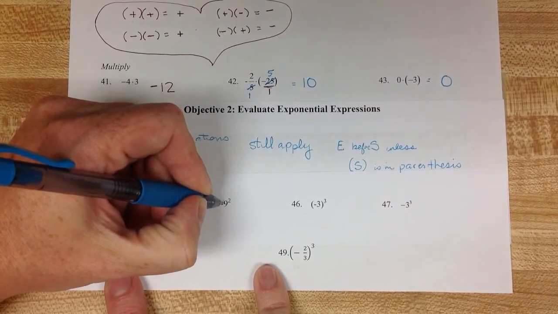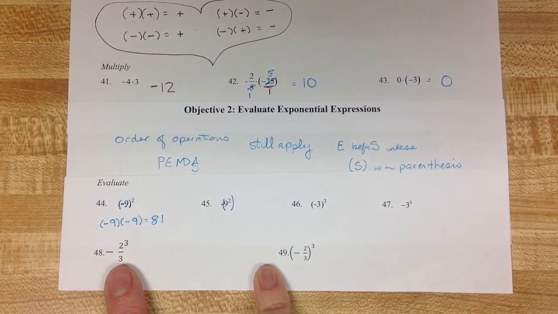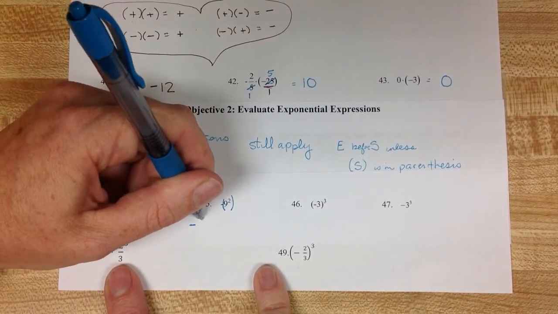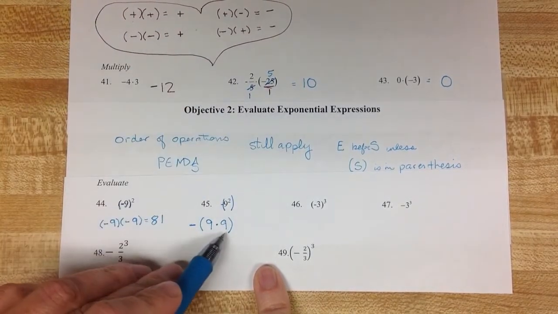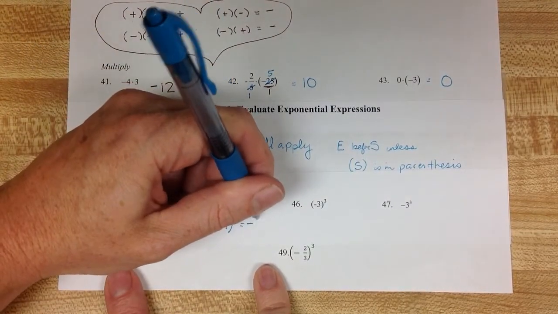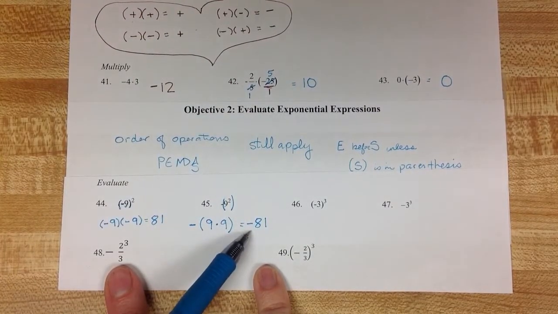You could even think of it as having parentheses around the 9 and the squared. So the negative gets applied after we've squared the 9. 9 times 9 is 81. Then we apply the negative. So for this problem, the answer is negative 81 instead of positive 81.